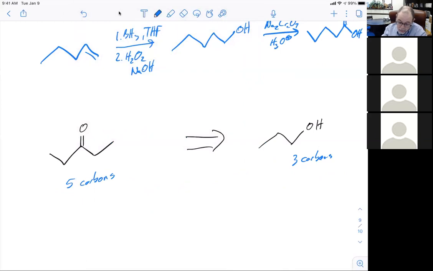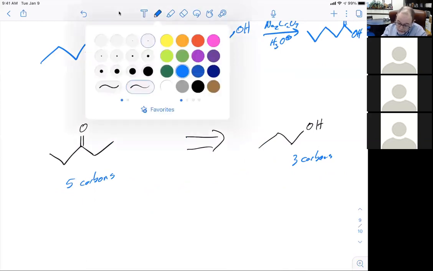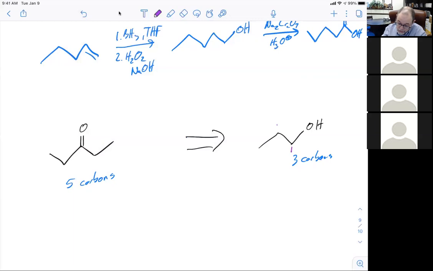If we think about where our groups are, if we said this is 1, 2, and 3, this oxygen could be at the same position, which means we're adding 2 carbons. Now, if we think about adding carbons to an alcohol, we don't have a way to do that directly.